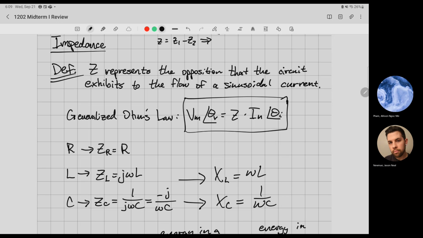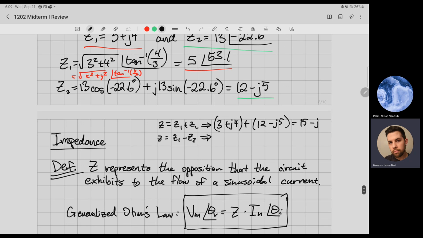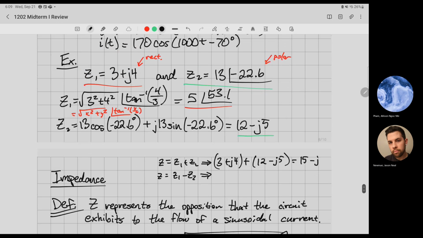Oh, what's up? If the x value is negative, like right here... I'm sorry, repeat it again.